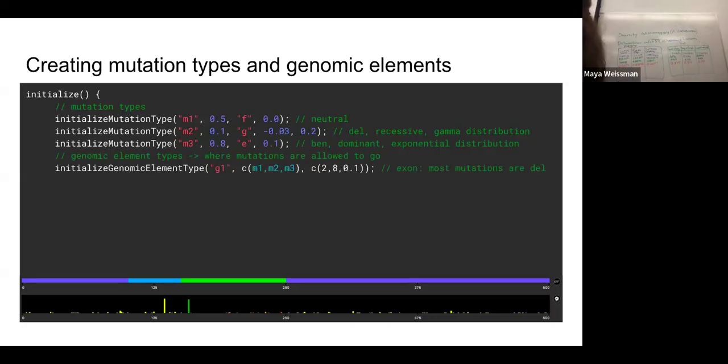Genomic element types say where mutations can go. For a given genomic element type, you can give it a vector of mutation types and their relative proportions. These relative proportions do not have to be fractions; they can be integers or floats. It doesn't super duper matter. It's just going to do a ratio. So in this case, I'm saying that in the G1 element, the most common type of mutation are M2s, which are deleterious.